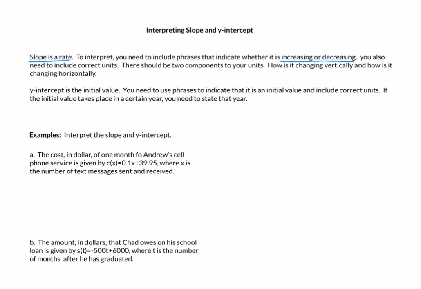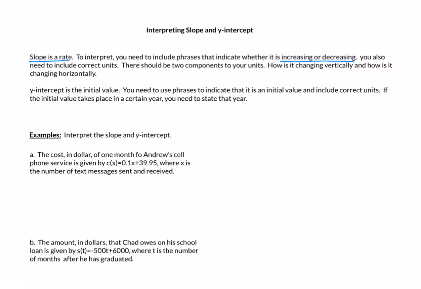We also want to include correct units. Now, as we saw in the previous slide, remember that there should be two components to your units. How is it changing vertically and how is it changing horizontally? The other thing we're going to interpret is the y-intercept. The y-intercept represents the initial value.